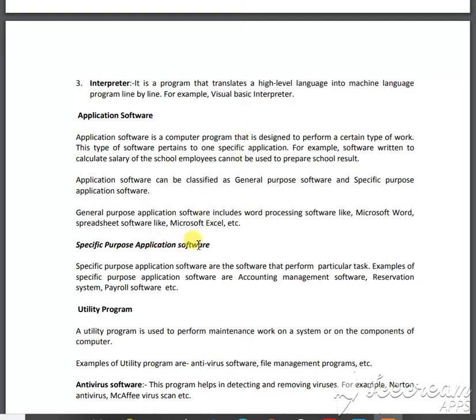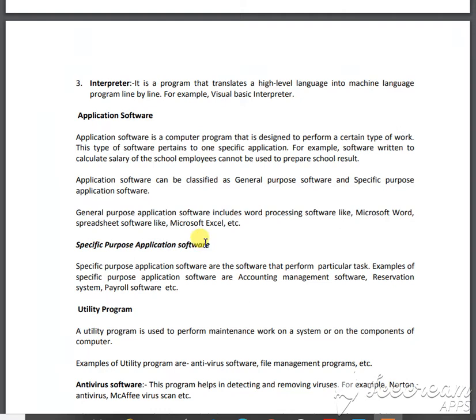Application software: we have different patterns of application software that we apply in our world. Based on those, they are divided into two parts: general purpose and specific purpose. General purpose means software which everyone generally uses, like Excel and Word.